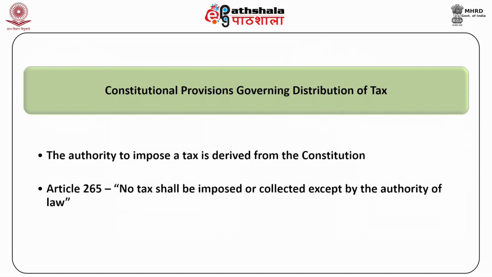Now we will learn about the constitutional provisions governing distribution of tax. The authority to impose a tax is derived from the Constitution, which distributes the authority to impose several taxes among the center and the state.